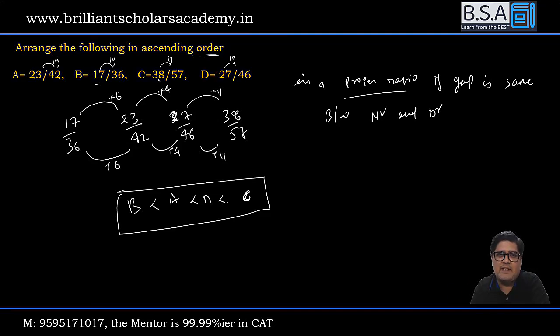The largest number is this, largest ratio is this. Second largest number is this, second largest ratio is this, and it goes on. Clear hai? Good. Everyone just jot it down, observe this.